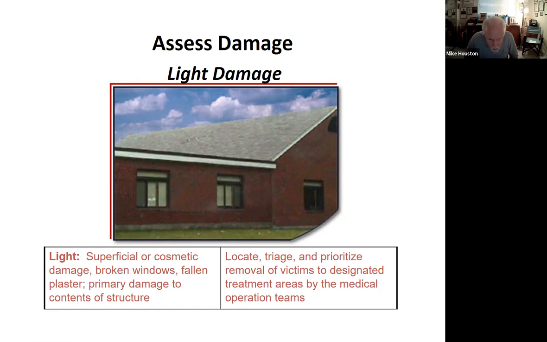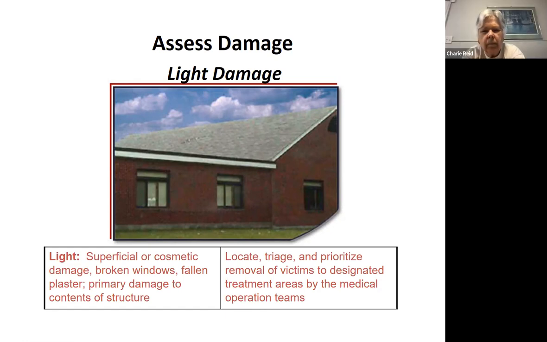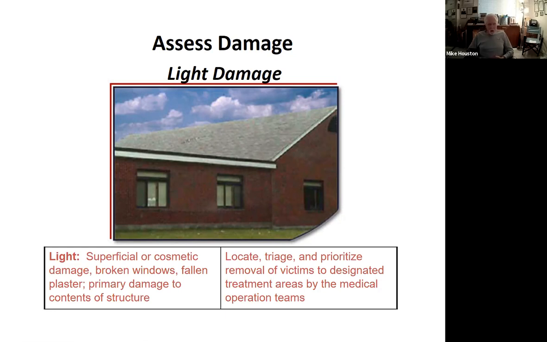I don't see any bricks on the ground. We can't build brick structures in California anymore. We have not been able to for a long time, but you can have a brick facade, and sometimes those facades are not attached very well.